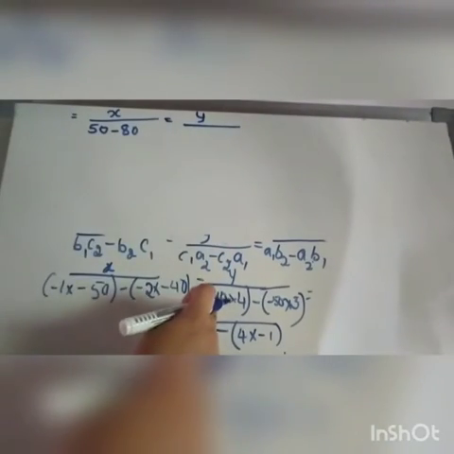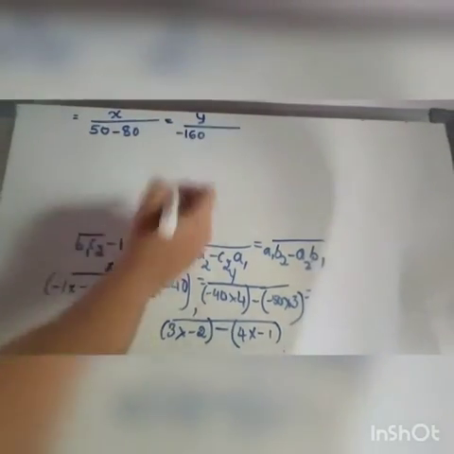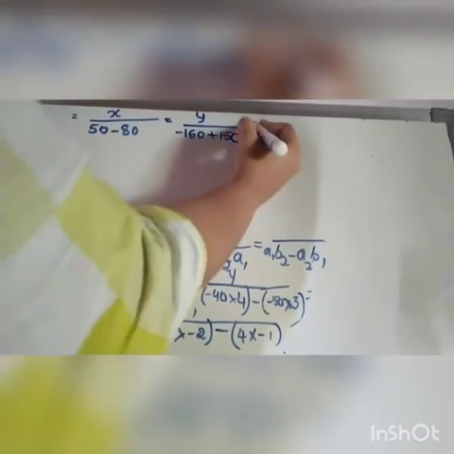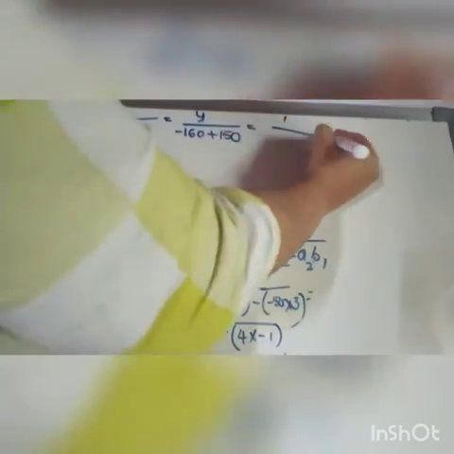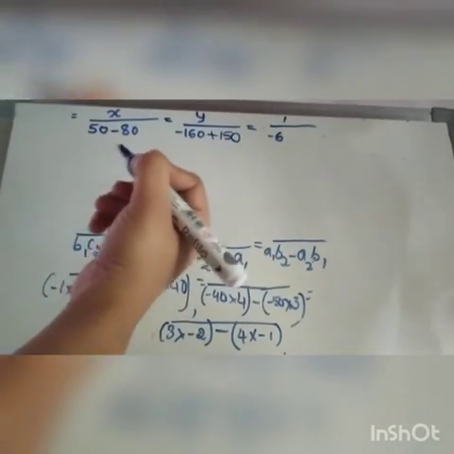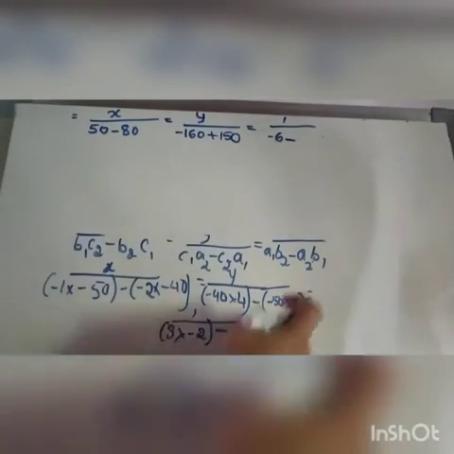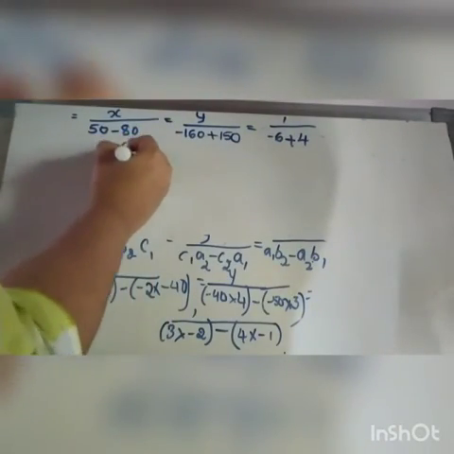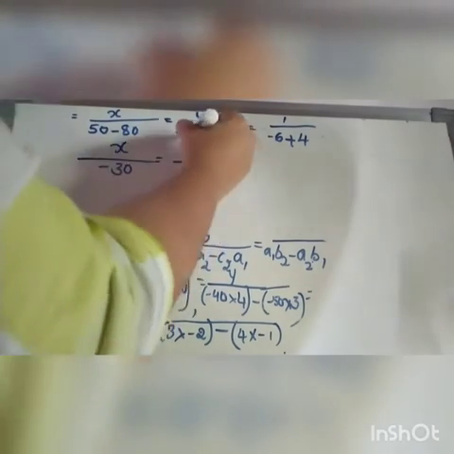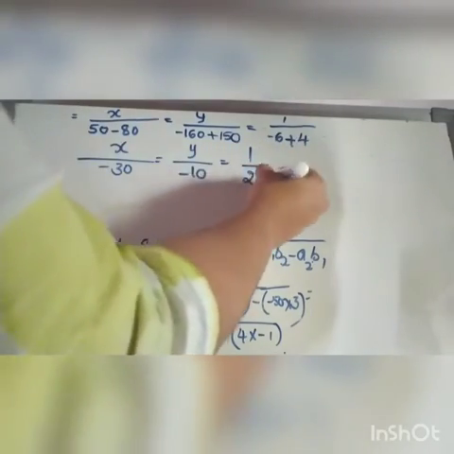Y divided by minus 40 into 4 is minus 160, minus minus 50 into 3 is plus 150, giving minus 10. And 1 divided by 3 into minus 2 is minus 6, minus 4 into minus 1 is plus 4, giving minus 2.